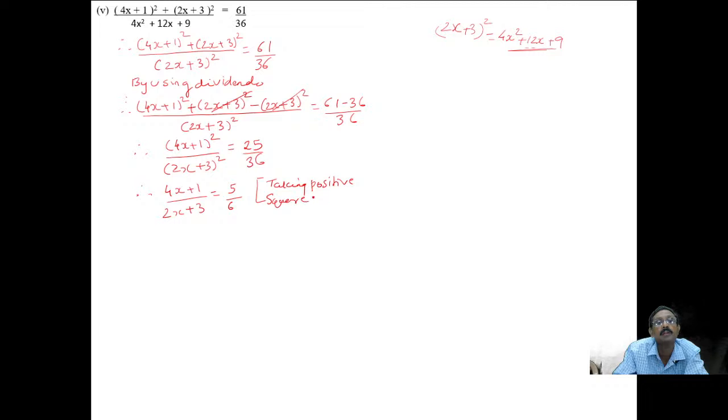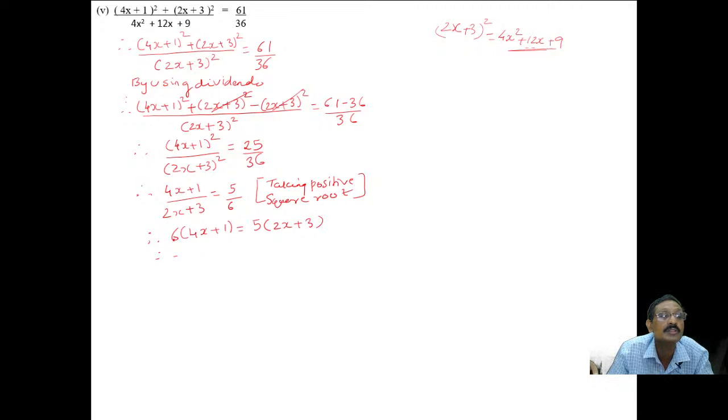See, we have arrived again at the same form as in the previous examples. What can be done over here? We can cross multiply. Therefore, 6 into (4x plus 1), which is equal to 5 into (2x plus 3).